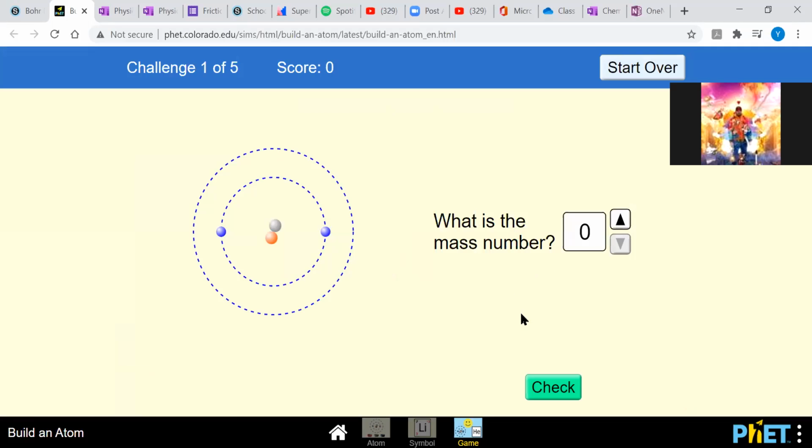All right. Mass number. Kristen, how about mass number for this one? All right. And if you guys are rusty, that's okay, but we got to get there. Kristen, are you there? Is it 4?